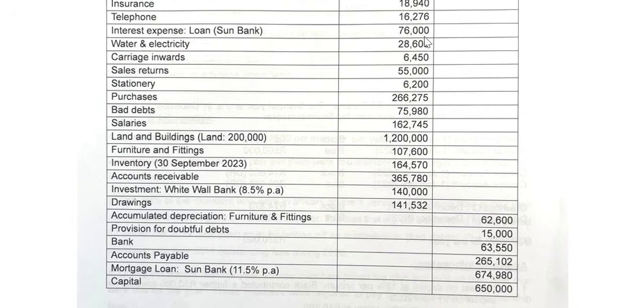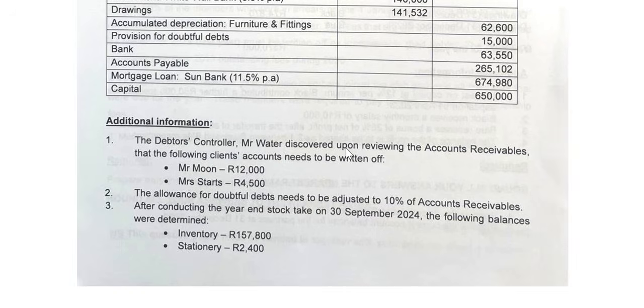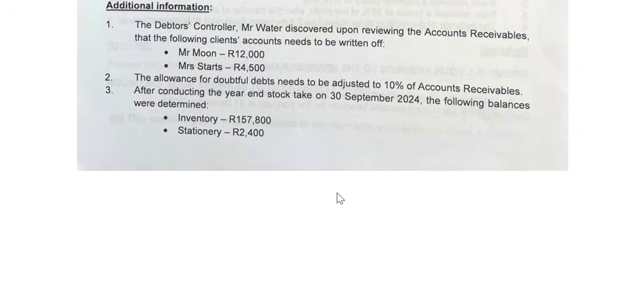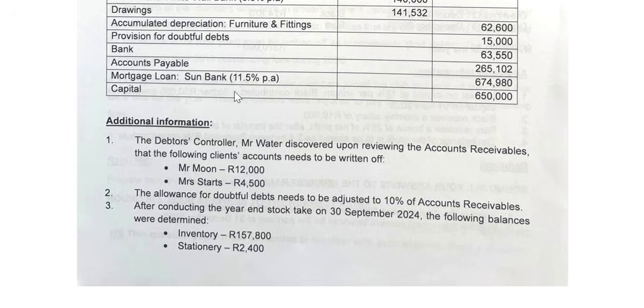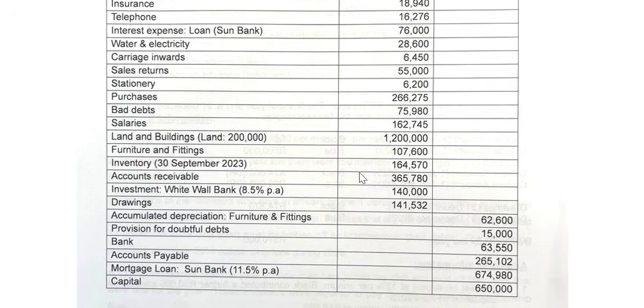Yes, it's 76,000 what we got on the books at the moment, but is that correct? And I know it's not correct, because if you go and calculate 11.5% of 674,980, you're going to get more than that 76,000, and you need to adjust that account. We'll check out in a moment by how much.